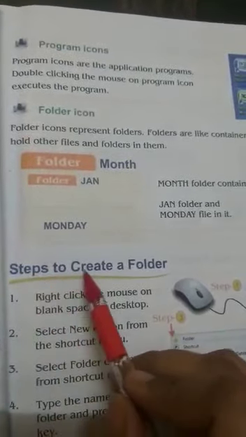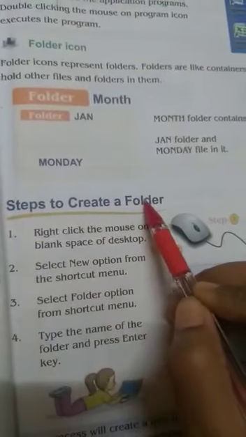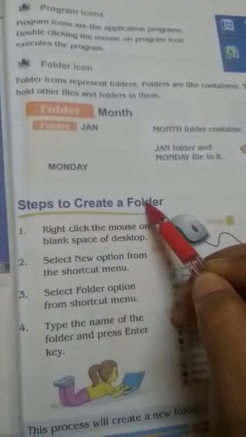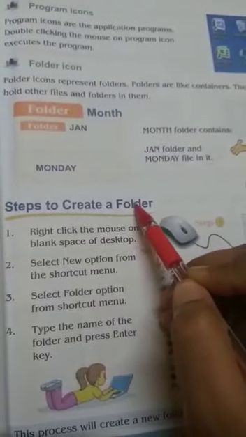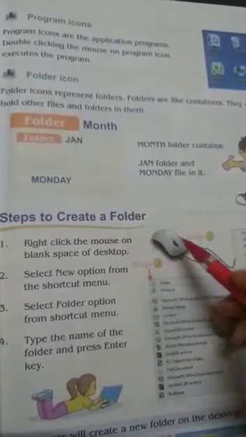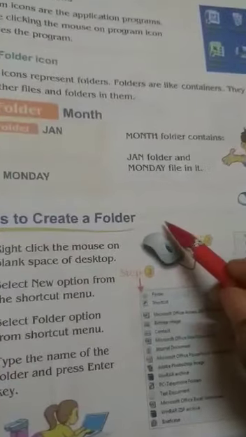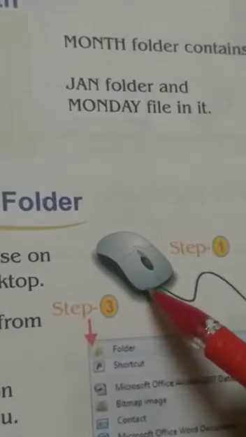Now we are going to start how to create a folder. Children, it is very simple. First of all, you need to right click the mouse on a blank space of the desktop. So wherever you are placed, you can press your right mouse button. And children, remember, this is your left mouse button, this is your right mouse button.